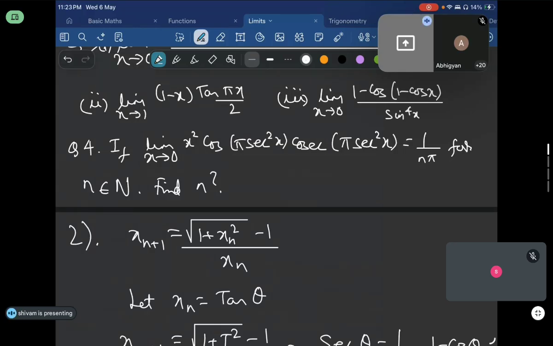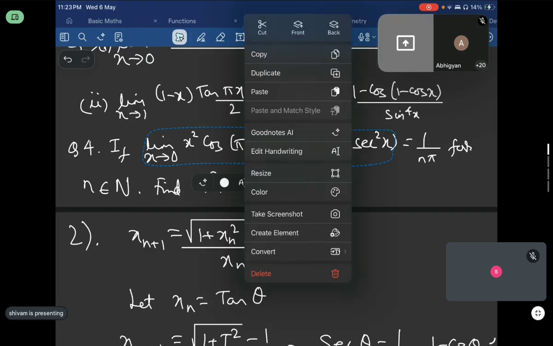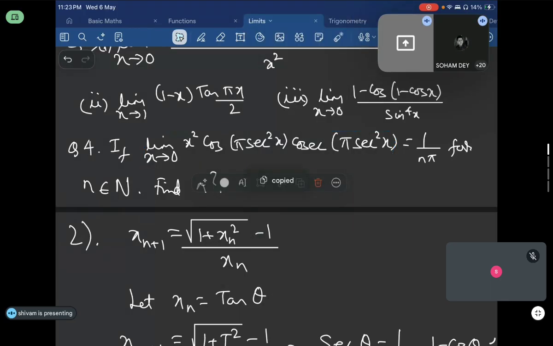Okay, so let us start, everyone. We have got limit x tends to 0, x square into cos of pi sec square x times cosec of pi sec square x. Could you give a hint? Okay, see, it is written as cos theta into cosec theta.